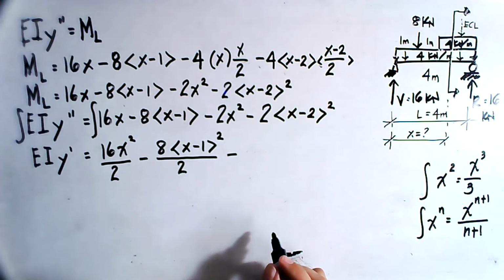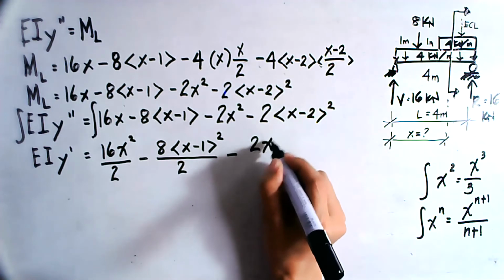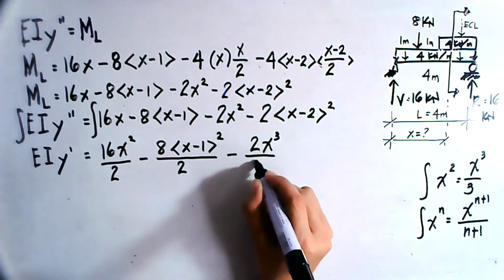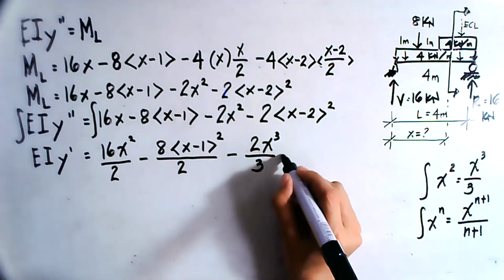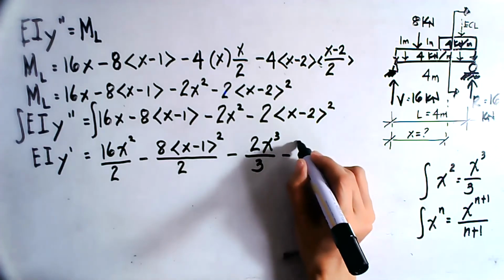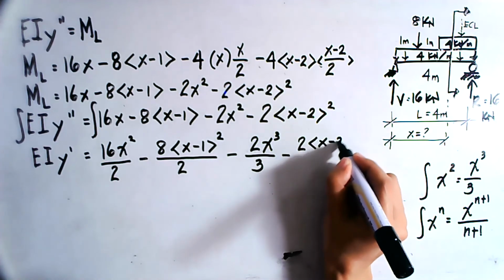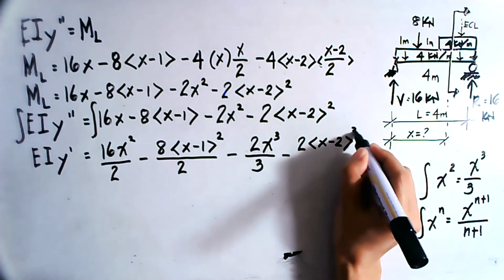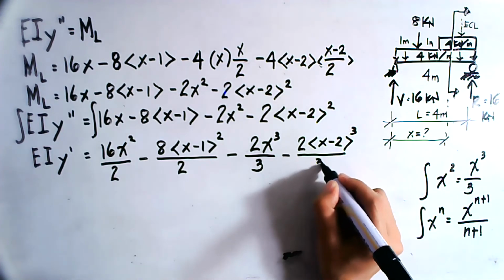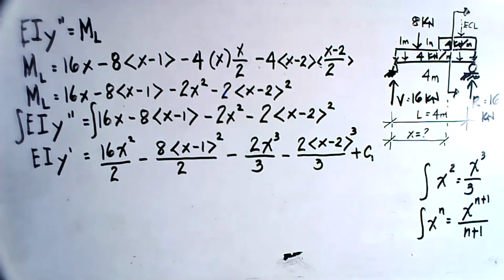That will be equal to 2x cubed over 3, minus the integral of 2 times x minus 2 squared. So that is 2 times the quantity x minus 2 raised to the third power over 3. And don't forget to add c sub 1. That is our slope equation.